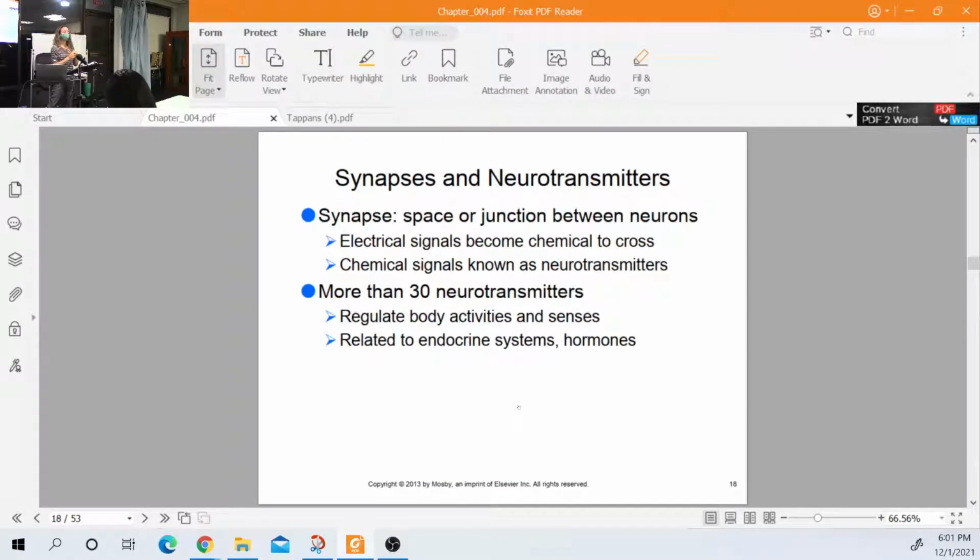Like you may have heard of gabapentin. It's a calming down the nervous system pill. Well, the neurotransmitter is called GABA. They made a pill based off of GABA, which is a nerve calming, inhibitory neurotransmitter. All right.